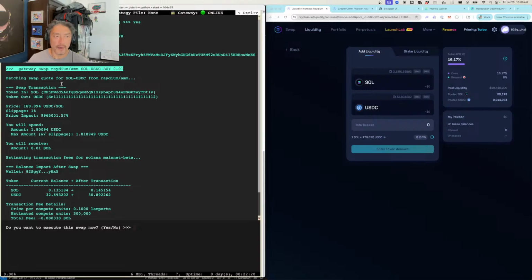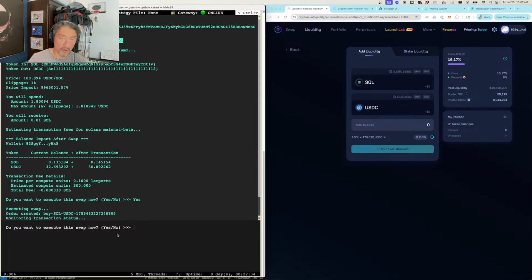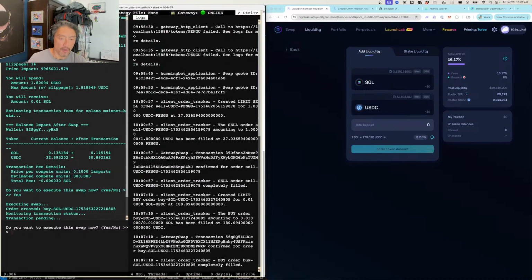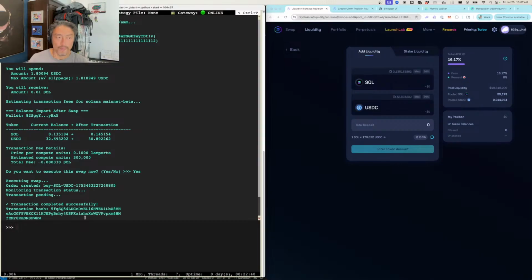It shows the price, the slippage, and how much balance you have afterwards, and if you want to execute, you can just hit execute like this, and let's pop the logs and monitor status, and yep, it was filled.